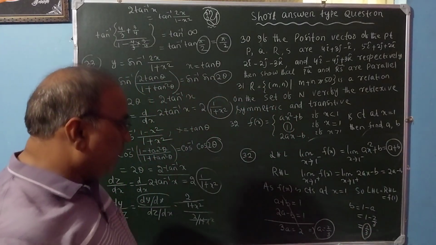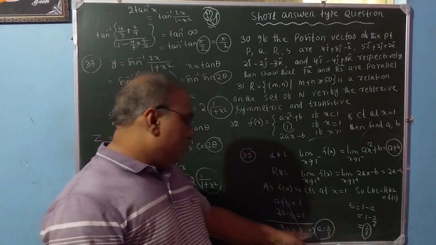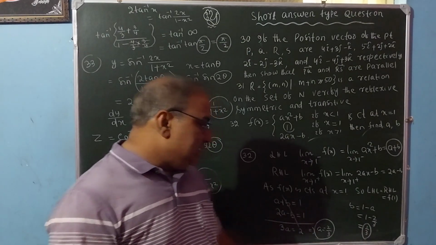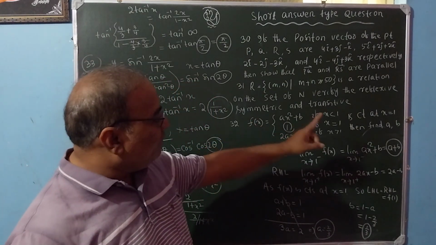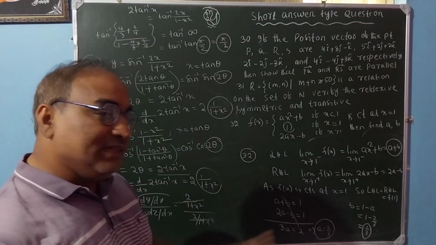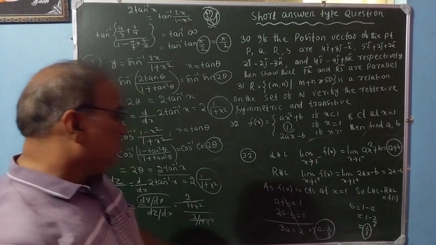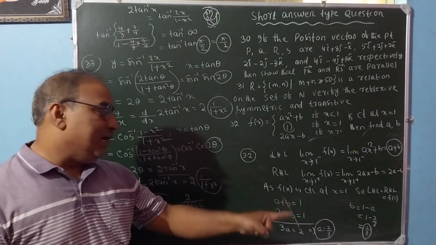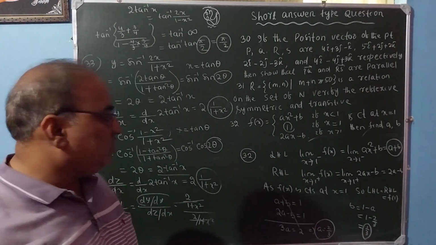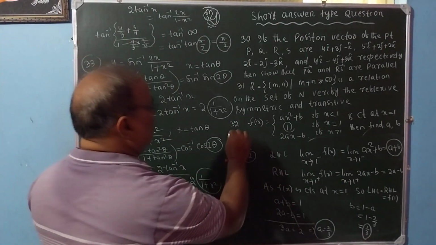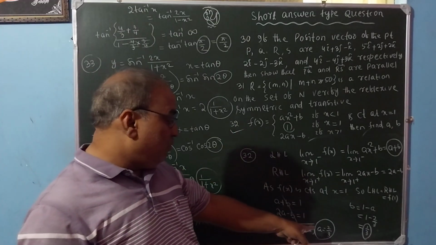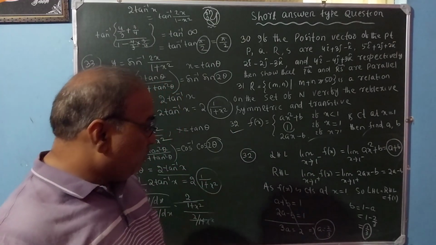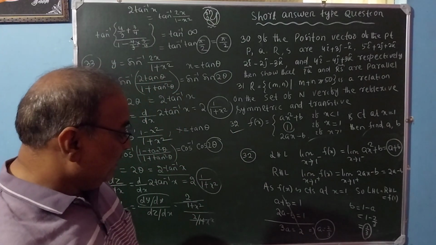So a is equal to 2 by 3, b is equal to 1 by 3. As f(x) is continuous, left hand limit is equal to right hand limit is equal to the value of the function. So this is the answer of question number 32.